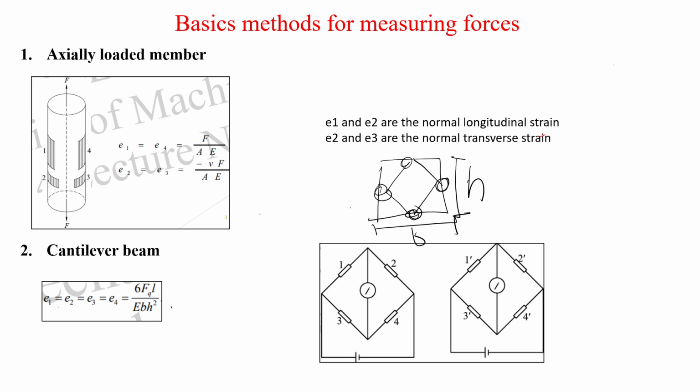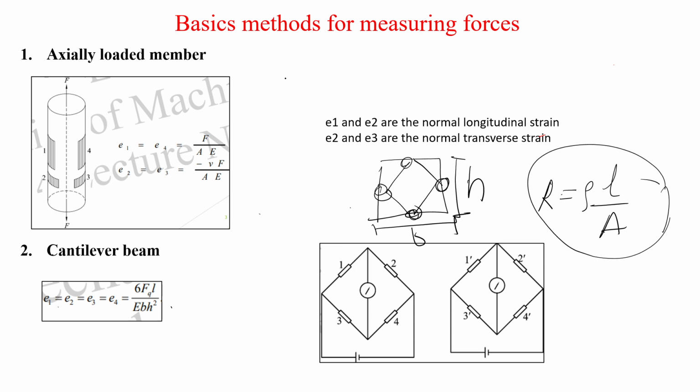Every material has a resistivity. So when you apply the current, some resistance will be developed. We know that R is equal to rho L by A. This is very simple physics. Because of the resistance, we convert the resistance into the change in length, and because of change in length, we get the strains, and from the strain we will get the force.